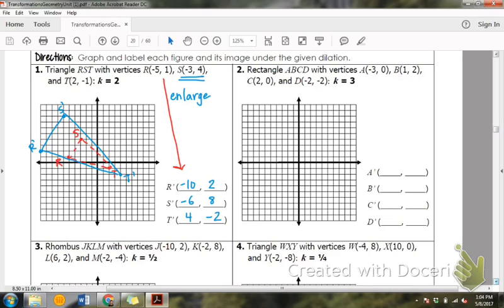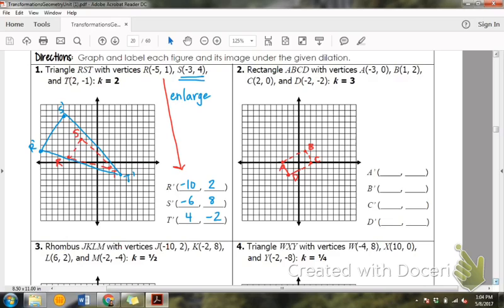Make sure you label the points. And this time our scale factor is 3.